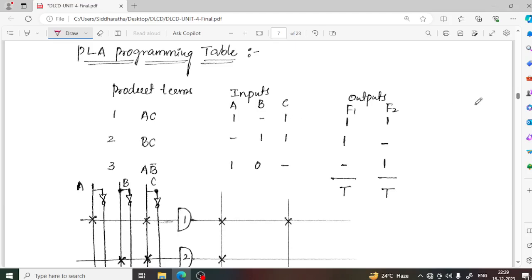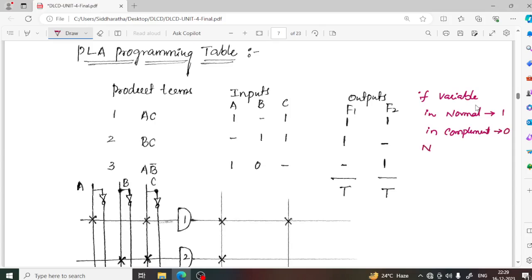If a variable is present in normal form, you have to represent it with 1. In complement form, you have to represent it with 0.